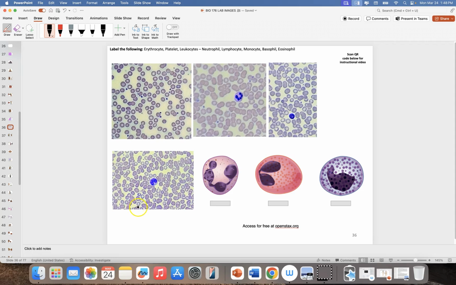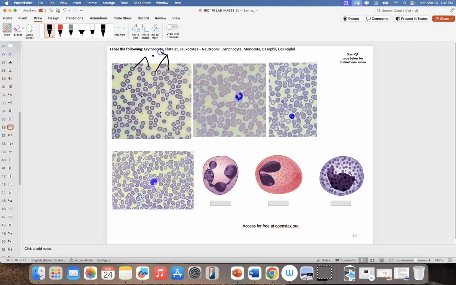Now, when we're talking about the erythrocytes, these are going to be our red blood cells, and they will dominate the blood smear. The majority of the cells that you'll see on the slide will be erythrocytes. And I'll just point some different ones out for us. You'll notice they'll be pinkish red in color.